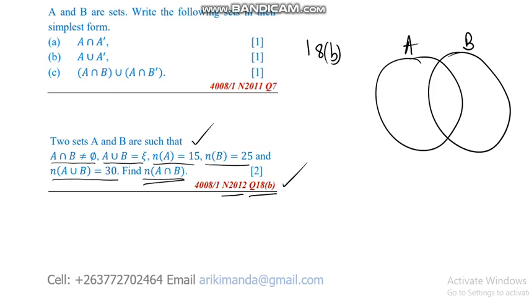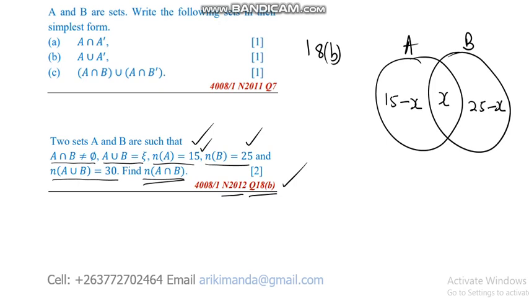elements in the intersection, meaning to say we don't have a known number of elements here, we just put an X, right? And then for the number of elements in A, since there are 15, we can safely say the numbers on this side are 15 minus the numbers on the intersection, which is X. The number of elements on this side of B, since in B we have 25 elements, this side here has 25 minus X, which is the number of elements on the intersection, right?